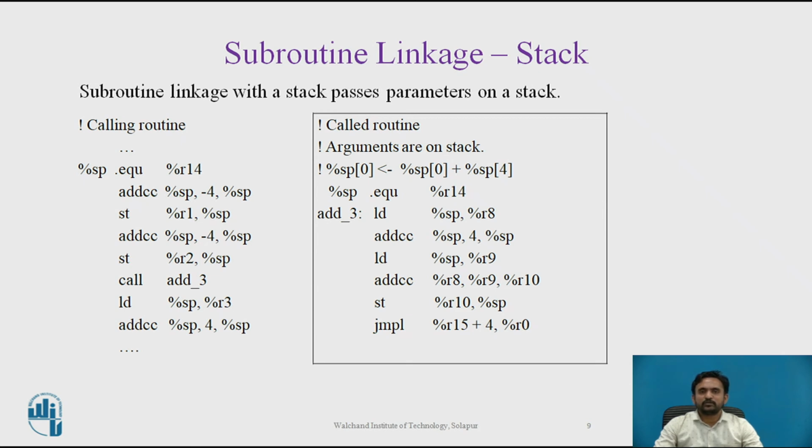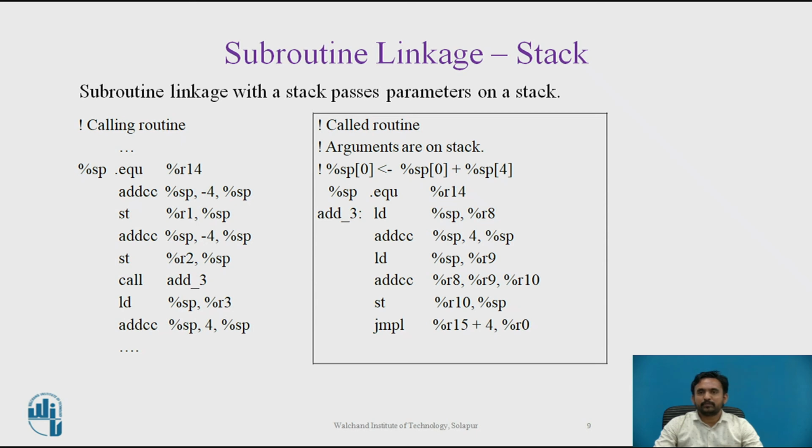An advantage of using a stack is that its size grows and shrinks as needed. This supports arbitrarily deep nesting of procedure calls without having to declare the size of the stack at assembly time.